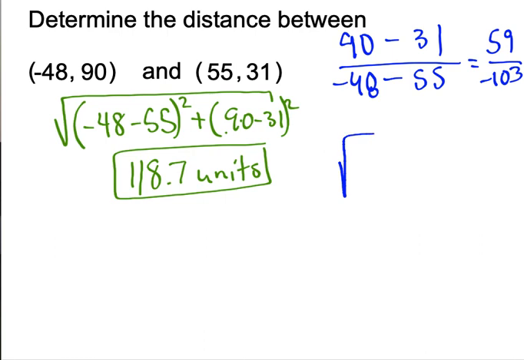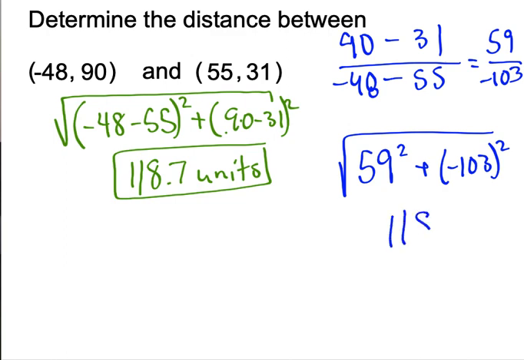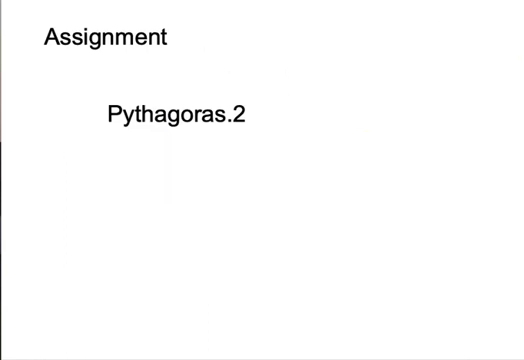So I would use those two numbers. And yeah, I'm putting delta y first, but that'll be okay. And if I type that into my calculator, again, I don't have to keep the negative in front of the 103 because when I square it, it's going to be positive anyway. I get the same 118.7 units.